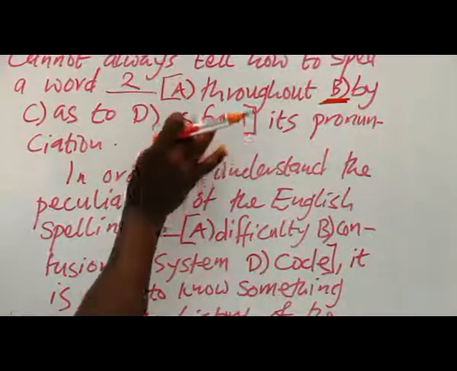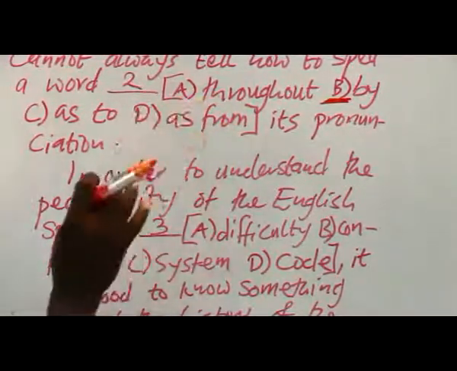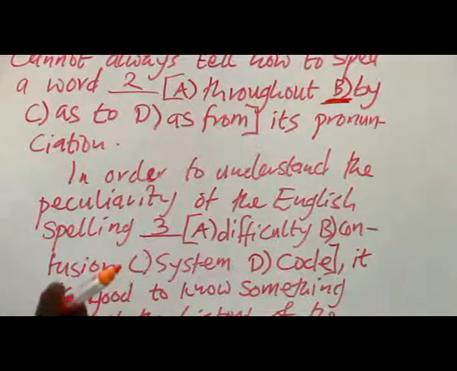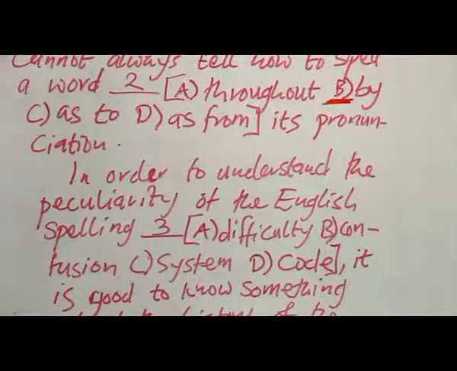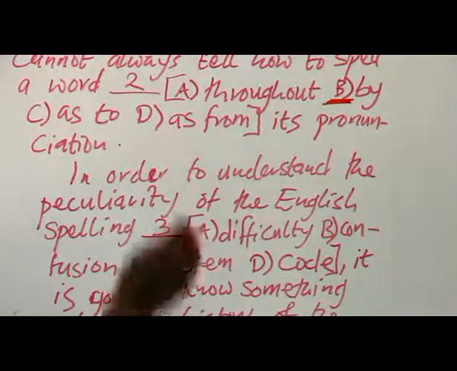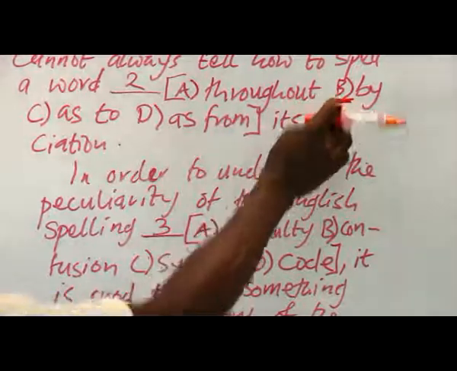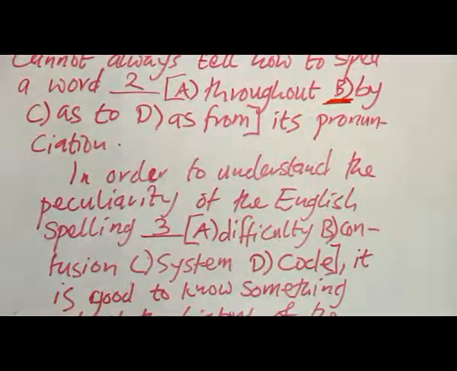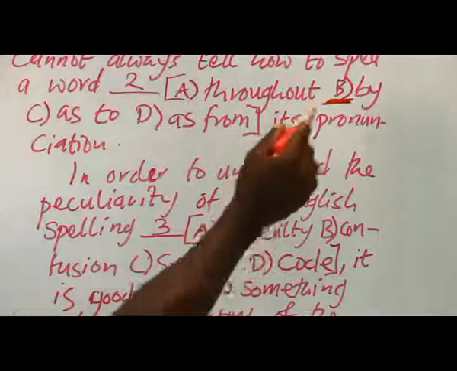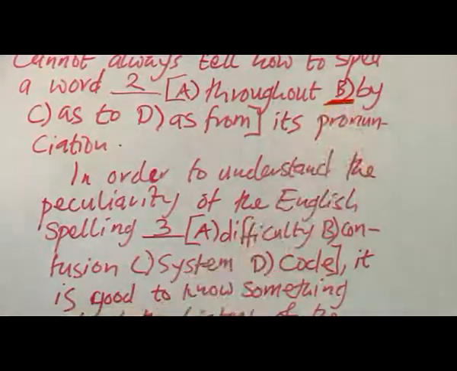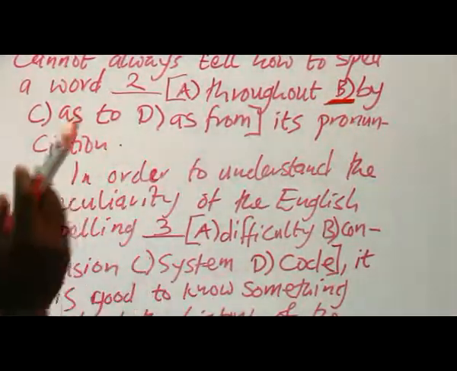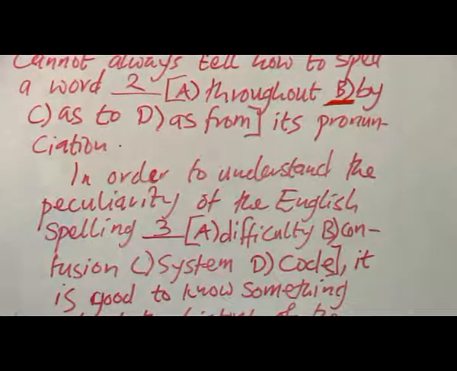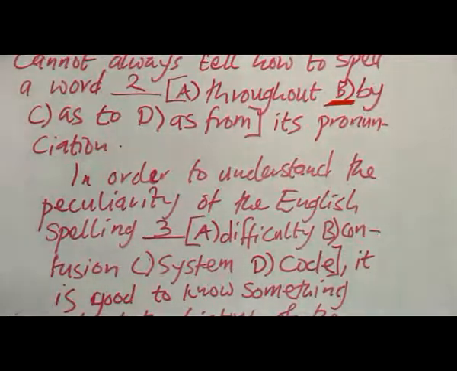However, if we delete as, then option D may even be better than option B. But because of the as here, option B becomes a better option between the two. So our answer for question 2 is option B. One cannot always tell how to spell a word by its pronunciation.